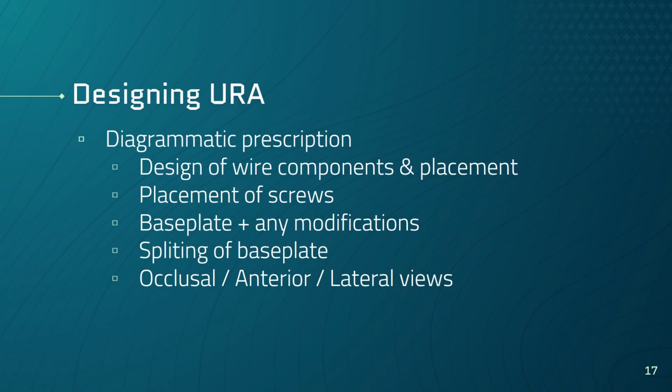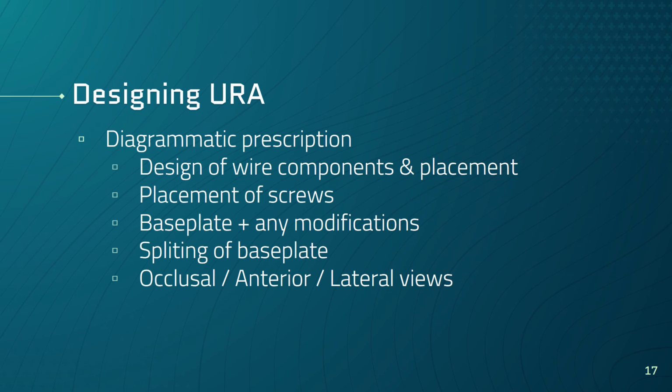Okay. The diagrammatic prescription carries the design of wire components and placement of the wire components. It also shows the placement of screws. It should show the design of the base plate plus any modifications that are needed to the base plate, and it should show where the base plate should be split if splitting is required.